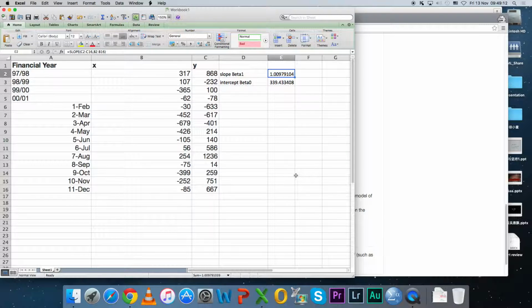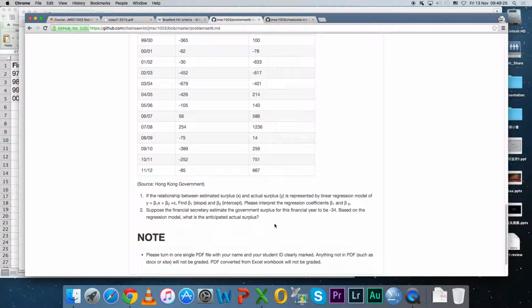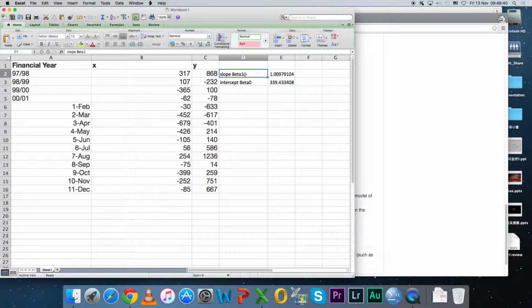Now, we have the data, the values of a slope and the intercept, right? So, question 2 is to do the prediction based on these two values.